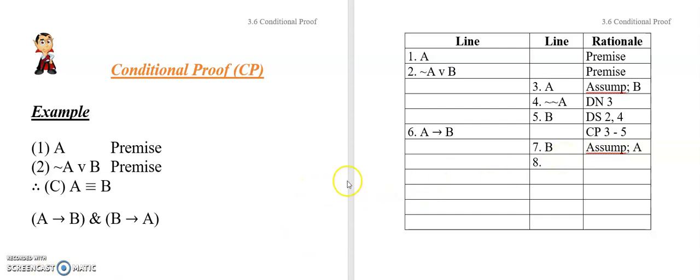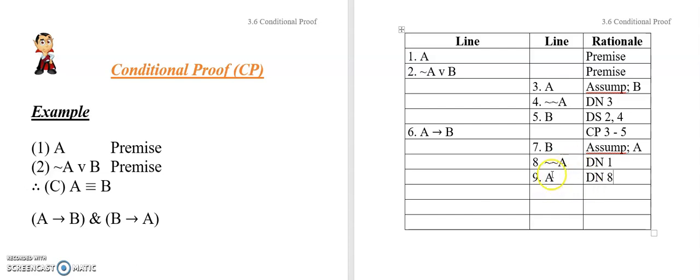Well, it's a little bit awkward in this case. I've already got A up here, but I need it below my B assumption so that I can discharge it and get my if B then A. So in order to get this guy down here, I just use this little trick, and it's just a really simple sort of thing. I'm going to say double negation on 1, and double negation on 8.